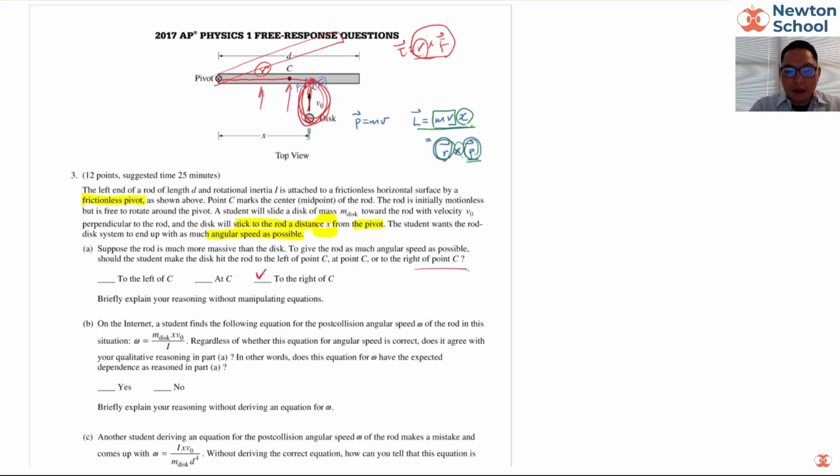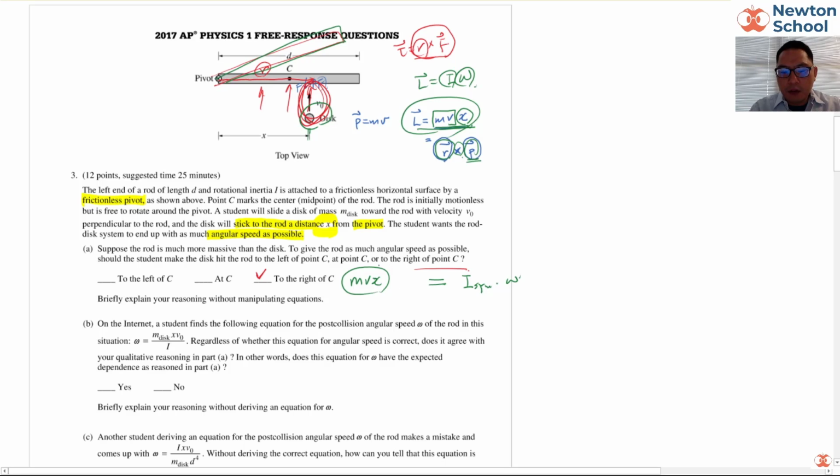One is you have a certain angular momentum, which is mvx, right? Now this becomes the angular momentum of the system at the end, which is I omega. Remember, angular momentum in general form is I omega. It's like mv for translational. So that'll be I of the system times omega.